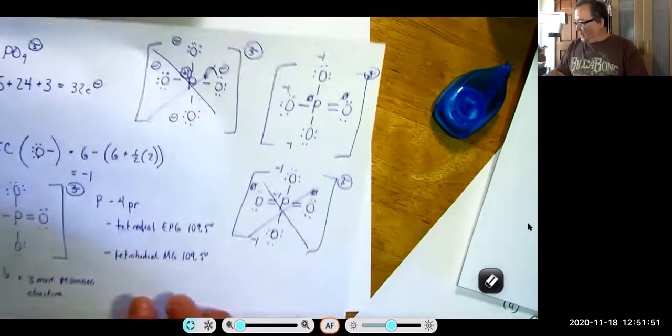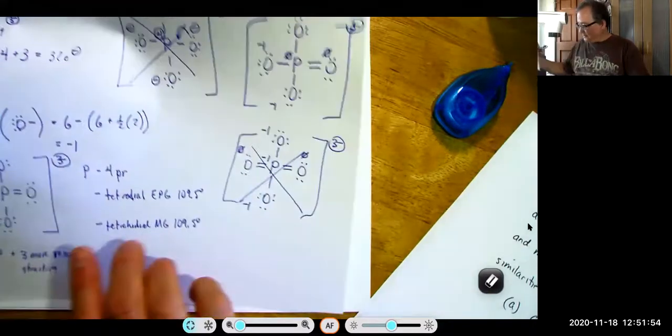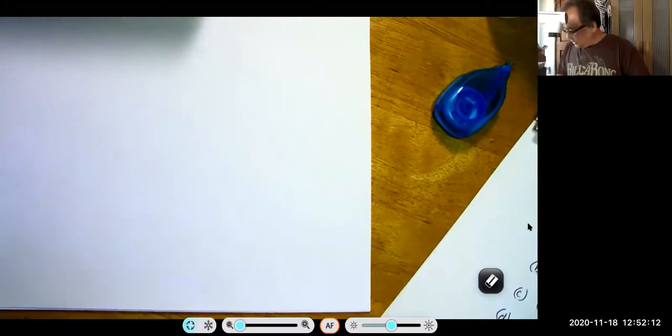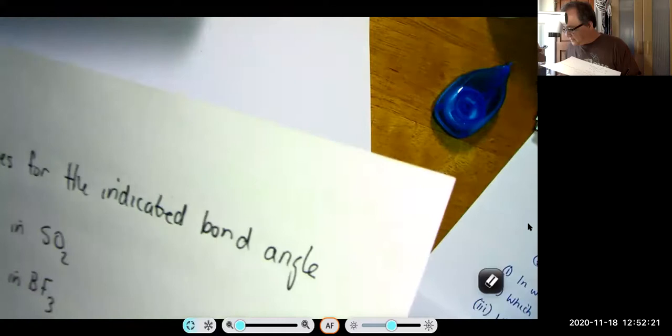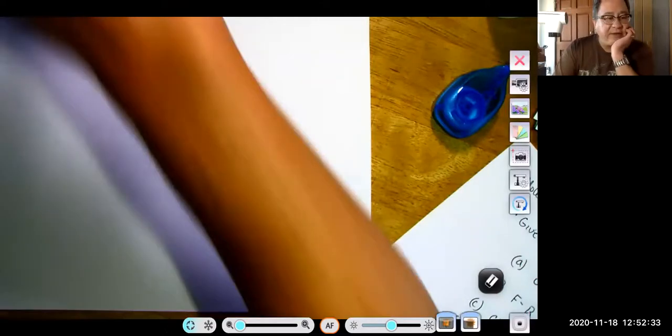All right, let's try some more now. I'm looking for another good one here. Here's another one, molecular geometry. Actually, I want to do one that's not here. I'm going to look something up on the internet.